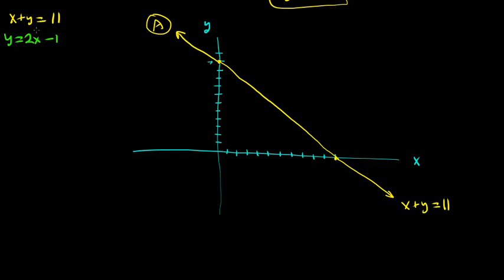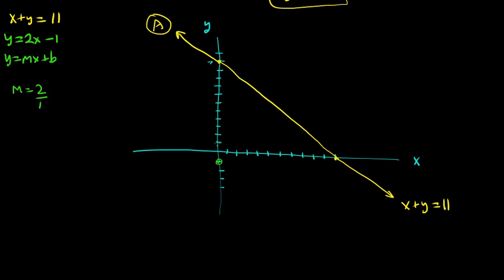Equation B, which I'll do in green, so notice that this is in the form y equals mx plus b. So we know b is negative 1, so that's the y-intercept, negative 1. Right there. And then the slope is positive 2. So if you remember, the slope is rise over run.